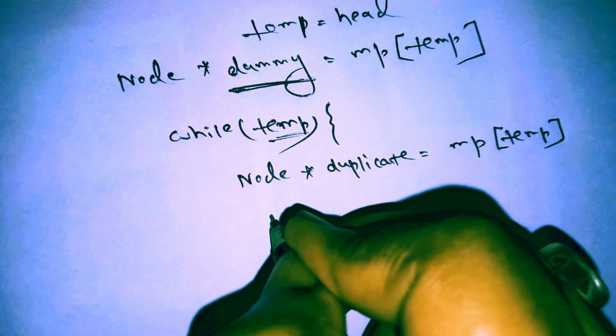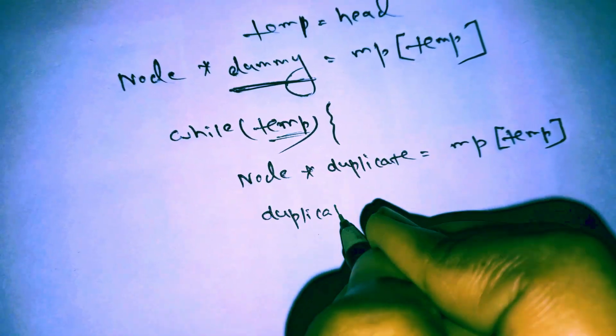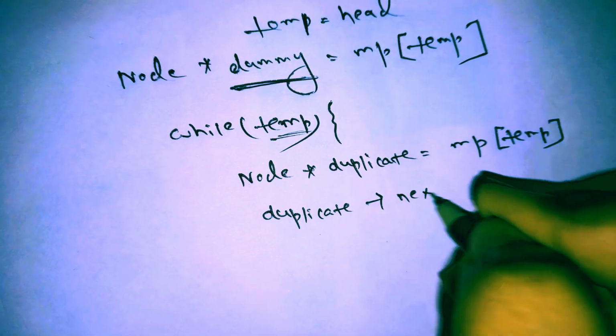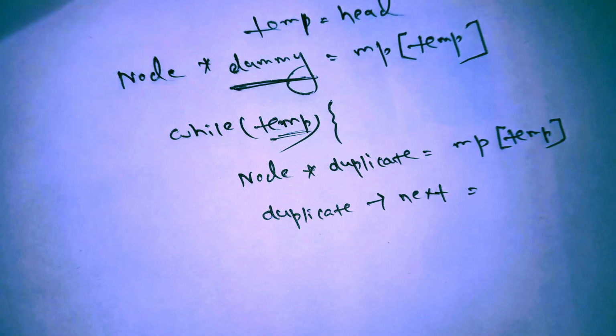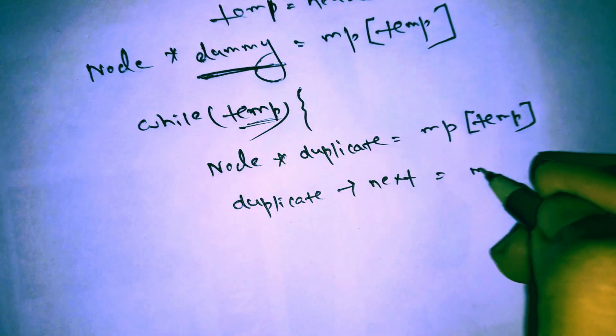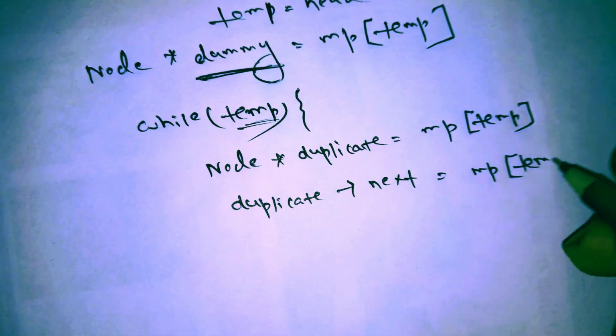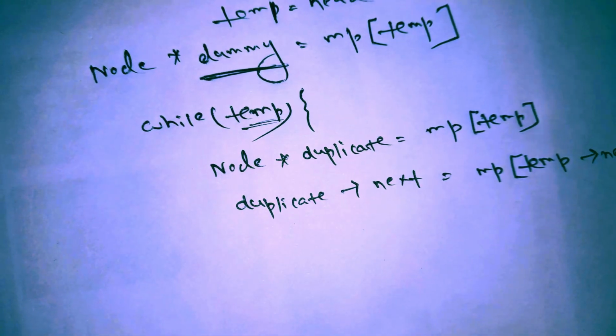Now you know very well duplicate next is equal to mp of temp next. Your temp next is what? 2.